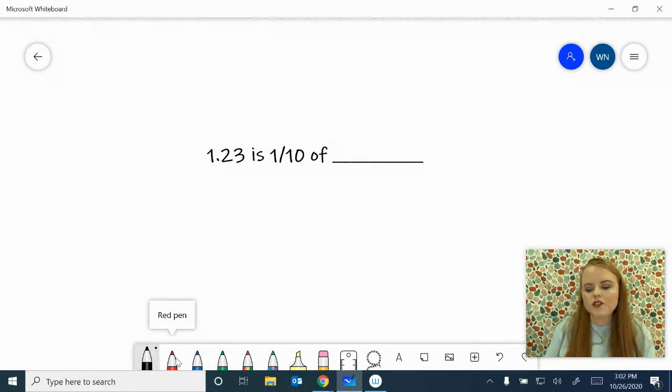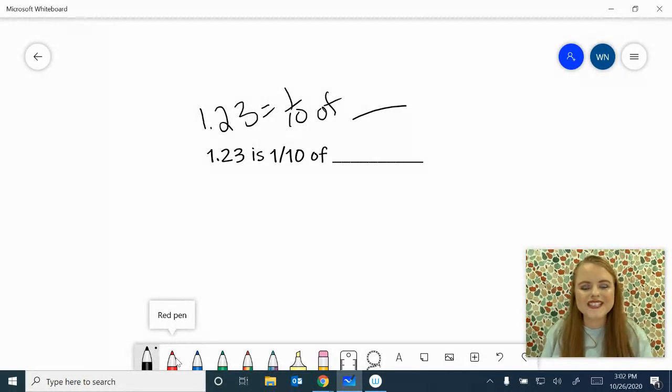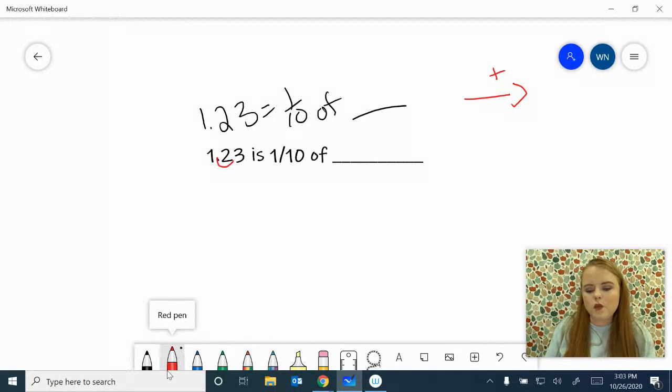1 and 23/100ths is 1/10 of a bigger number. So 1 and 23/100ths is the small piece of a bigger number. So let's figure out what that bigger number is. Remember, if we're looking for a bigger number, we want to go to the right. So we're just going to move our decimal point 1 to the right. That's going to be 12 and 3/10.